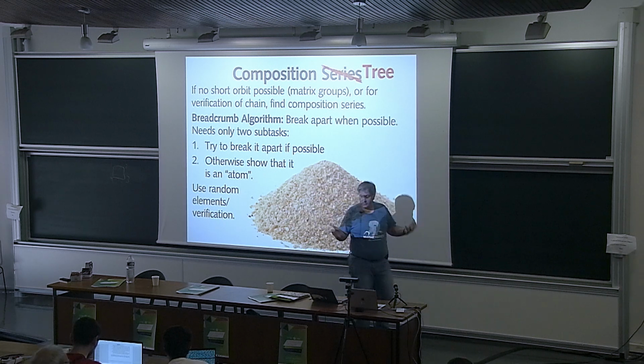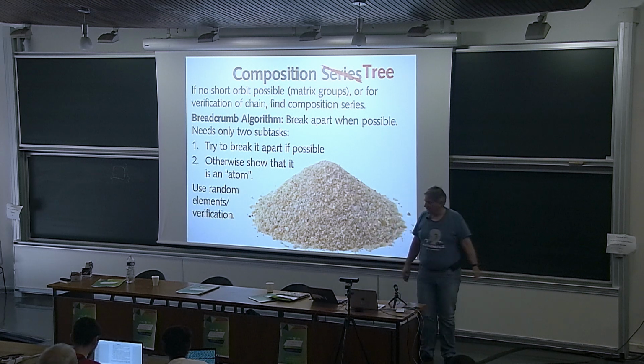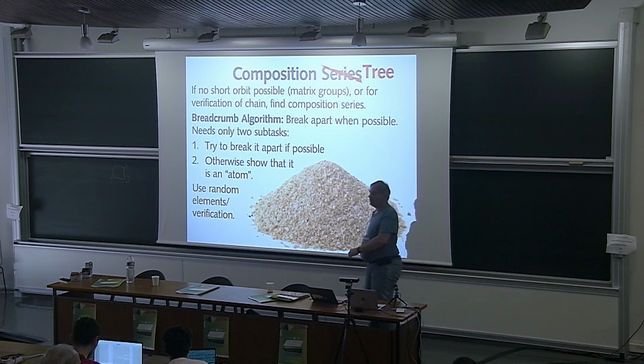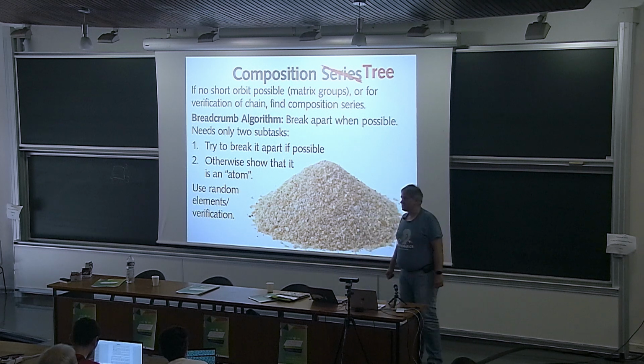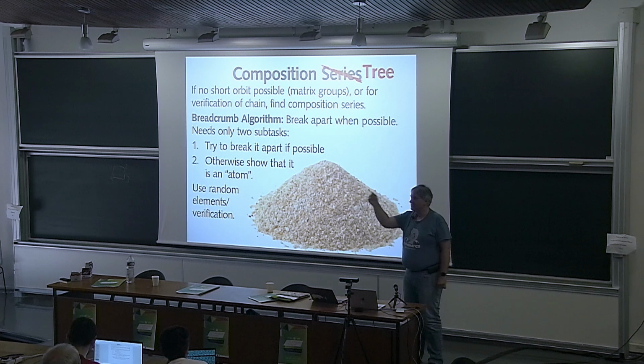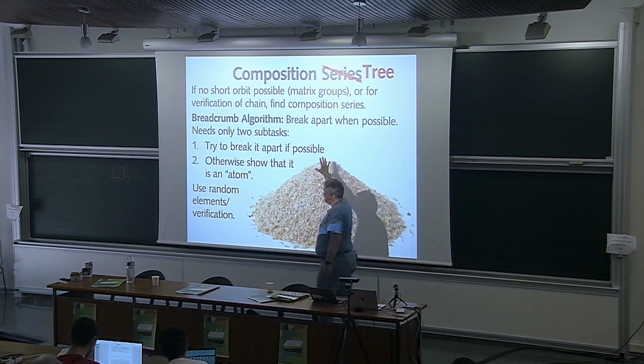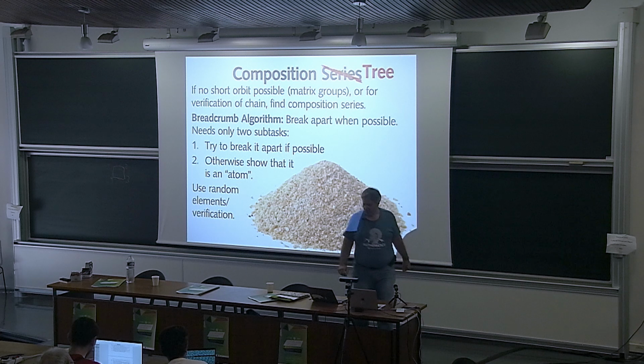And here I'm using it for groups, but basically, you could use the same algorithm for chemical analysis. If you can do these two things, you have a substance, you can either say this substance consists of multiple atoms, and here are two parts which both have fewer atoms in, or you have the second step. Here is something, this is really just one atom, and I tell you which atom it is. That's all of chemistry. I'm not a chemist, so I don't tell you how to do it for physical substances, but I tell you how to do this for groups.